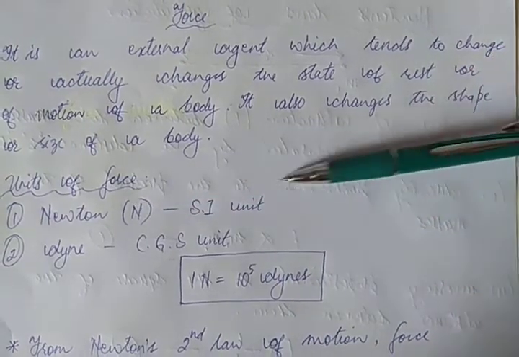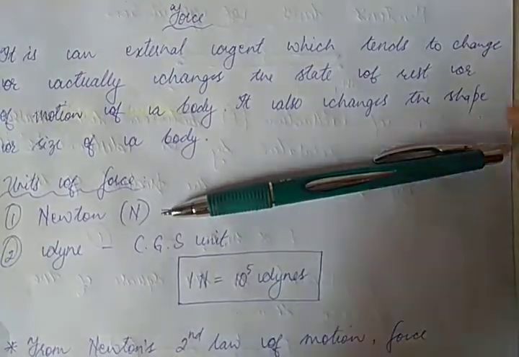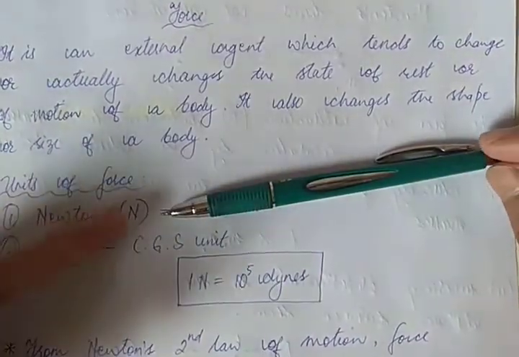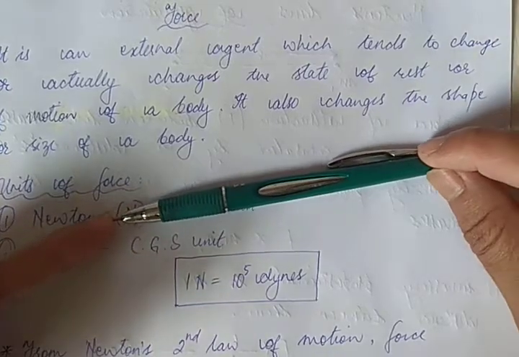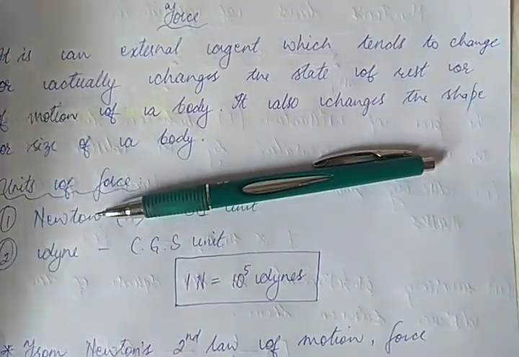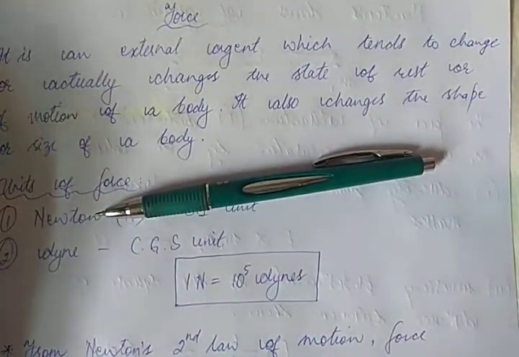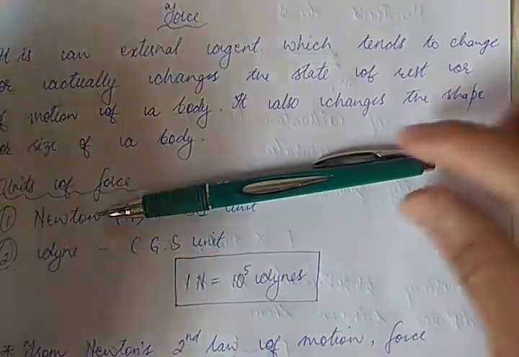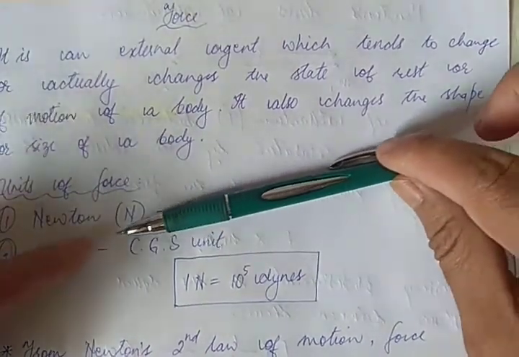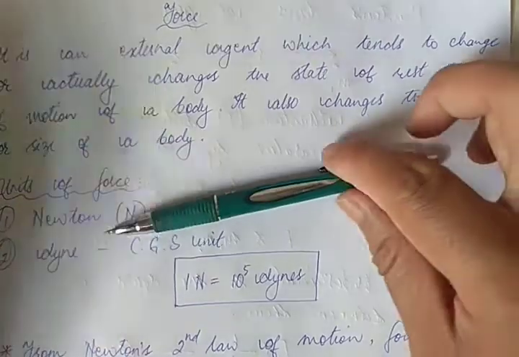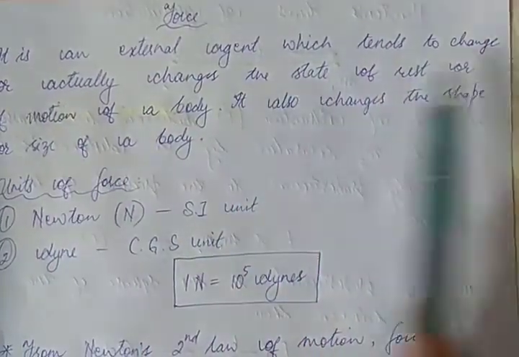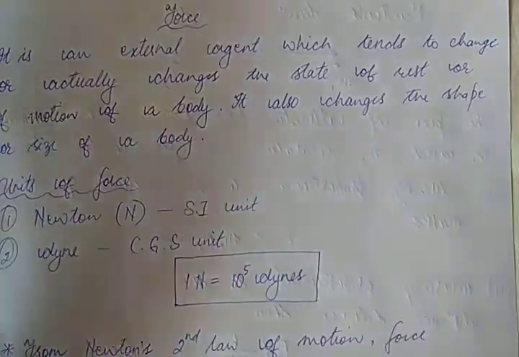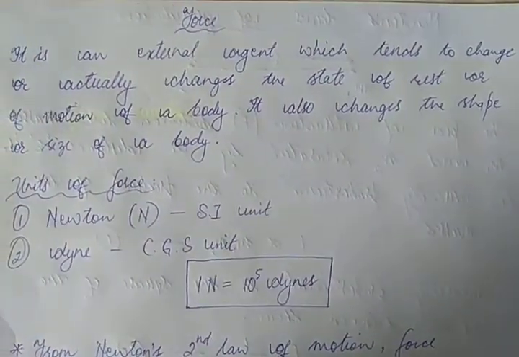A train is coming, Superman comes in front of the train and applies a force in the opposite direction, and the train comes to a stop. So what is happening? Force there is making the body stop, or the state of motion of the train is changed to a state of rest. So therefore, force is an external agent which actually changes the state of rest or motion of a body. That is what is meant by this definition.